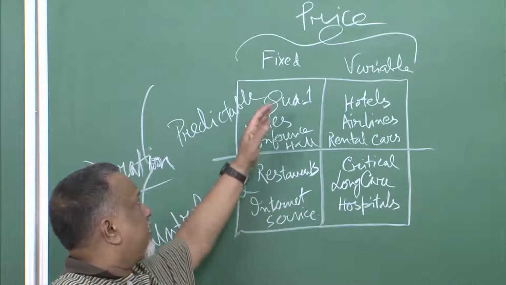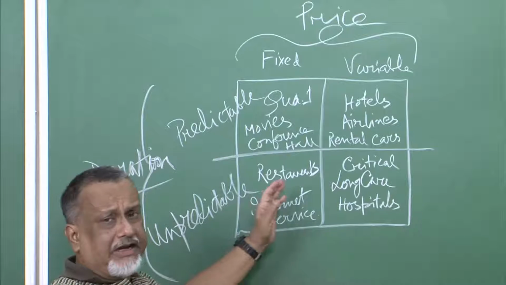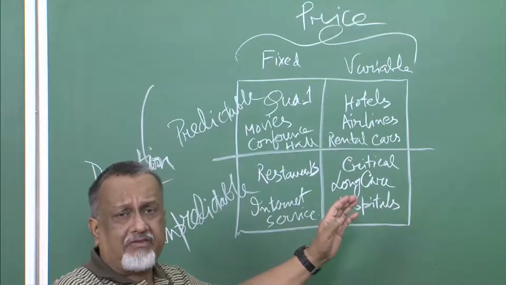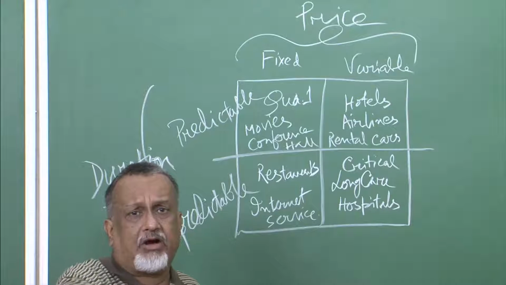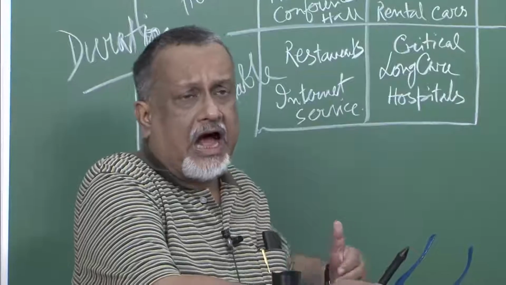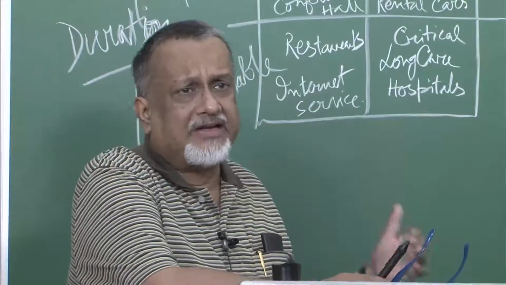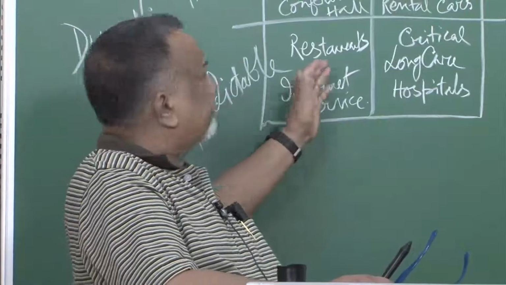So, if you are looking at say a restaurant, then how long a customer will be in the restaurant having his or her meal, or the group, and what all they will order, how long they will spend between ordering, etc. These are unpredictable.